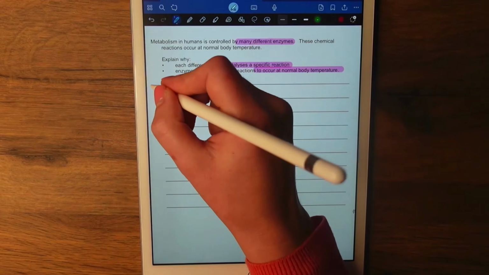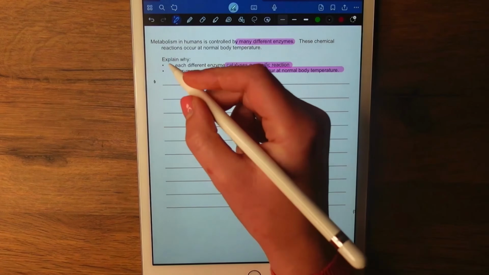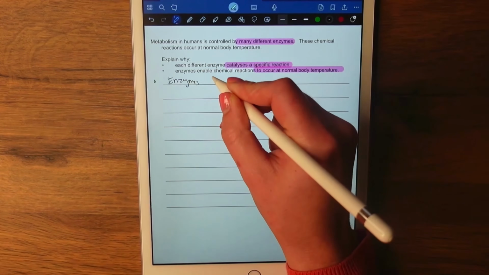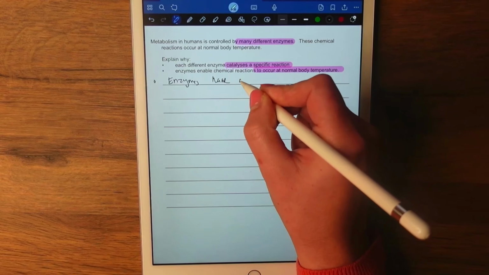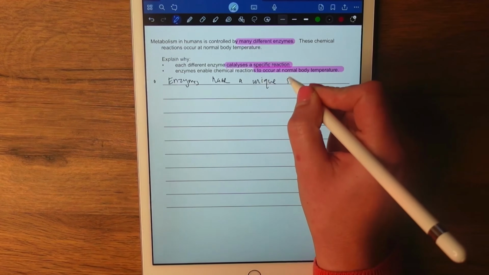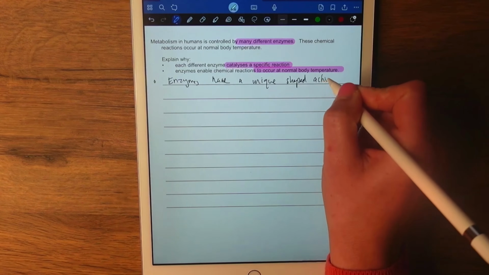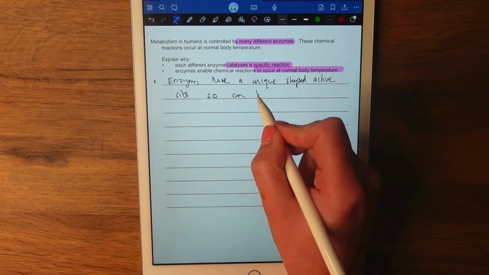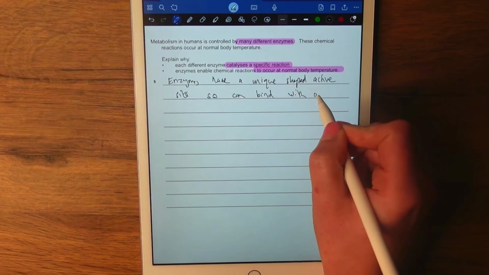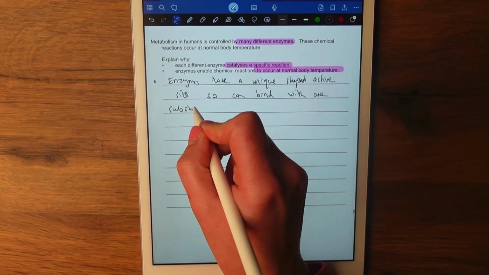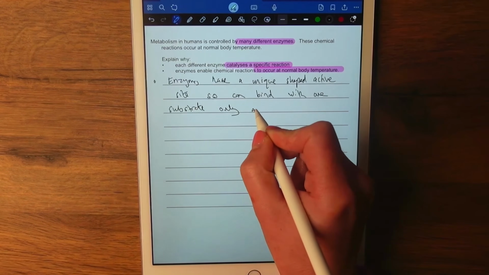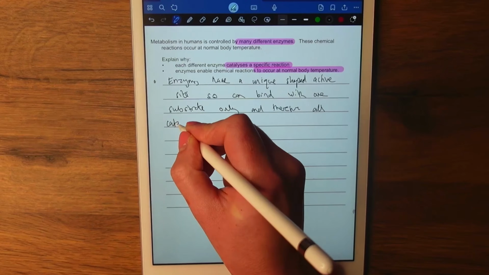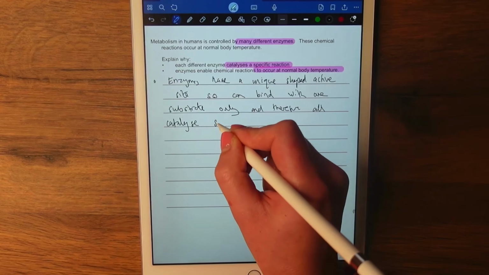So I'm going to start by saying enzymes have a unique shaped active site, so it can combine with one substrate only, and therefore catalyze specific reactions.